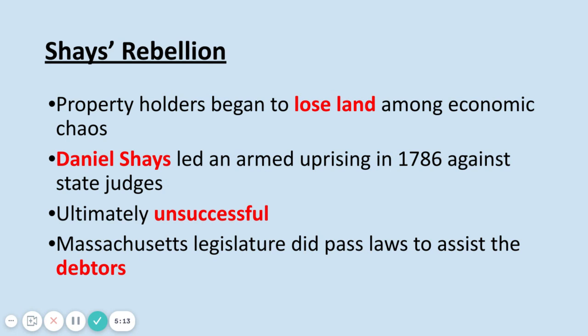The economy is challenging to begin with, and Shays' Rebellion occurred in Massachusetts. The governor of Massachusetts is kind of a shady guy and makes a very detailed deal with various businessmen about how they deal with farmers in Massachusetts.